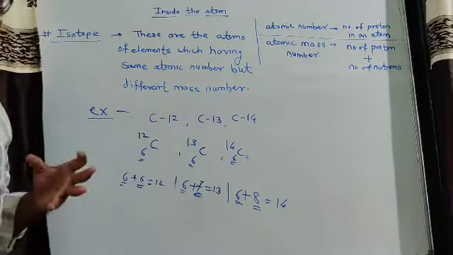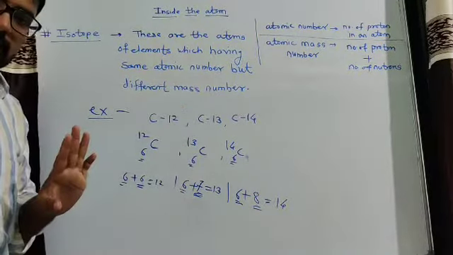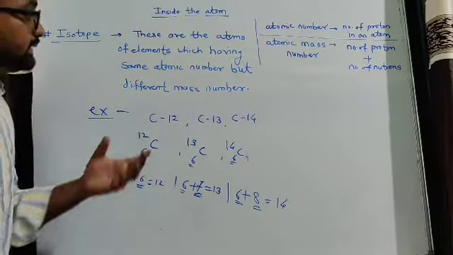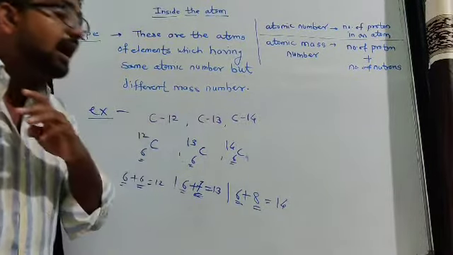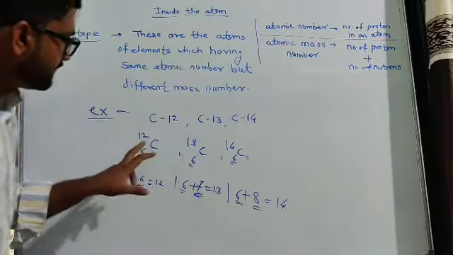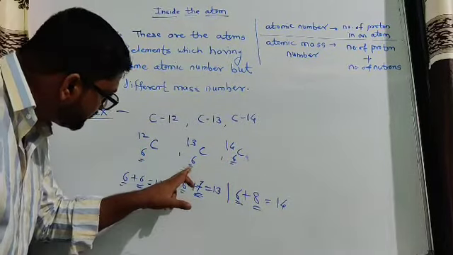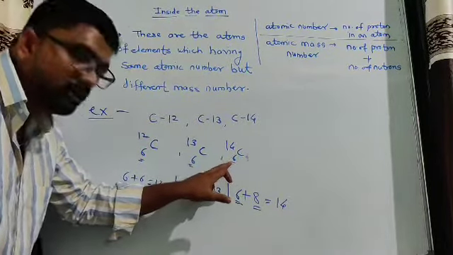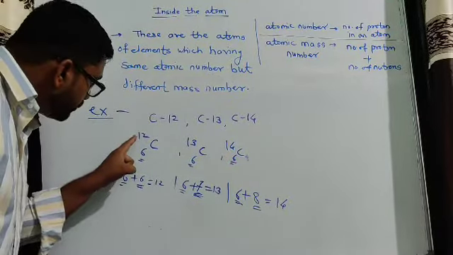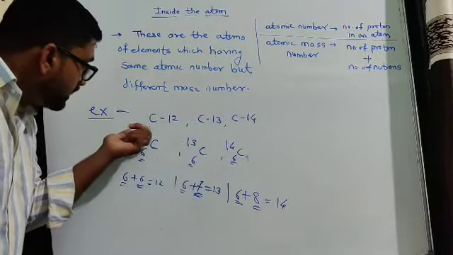So in isotopes, these are all the same atoms, the same element, but their mass numbers are not equal. Their atomic number is the same: carbon 12 is 6, carbon 13 again 6, carbon 14 again 6, but their mass number is not the same.